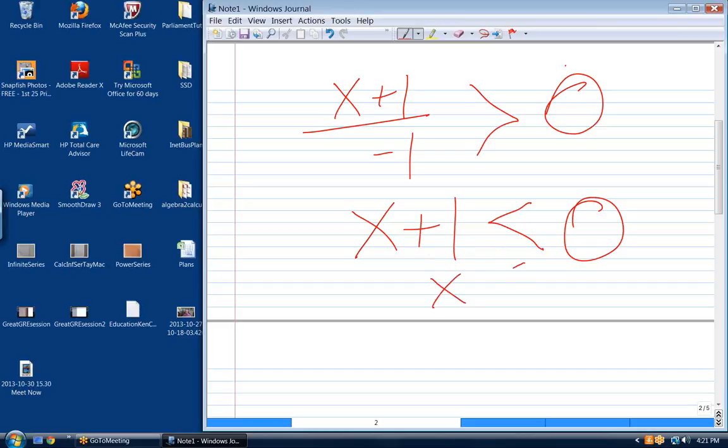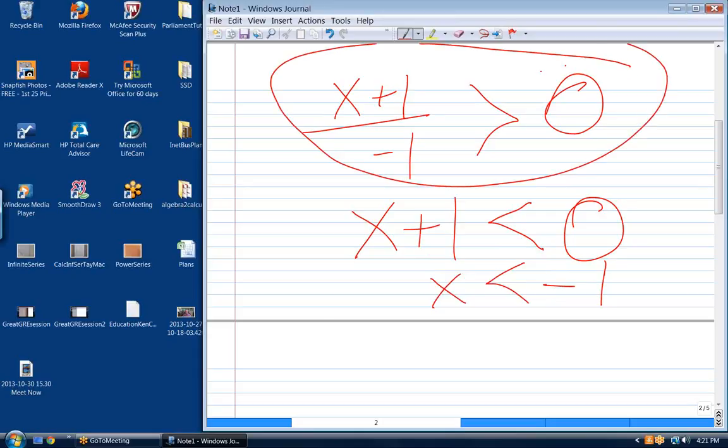X would have to be less than minus 1 if I was solving this. In other words, I can do it algebraically. I don't need a sign chart. And the reason I can do it algebraically is because I can multiply both sides by minus 1. I know exactly what it does to the inequality sign if I multiply both sides by minus 1.